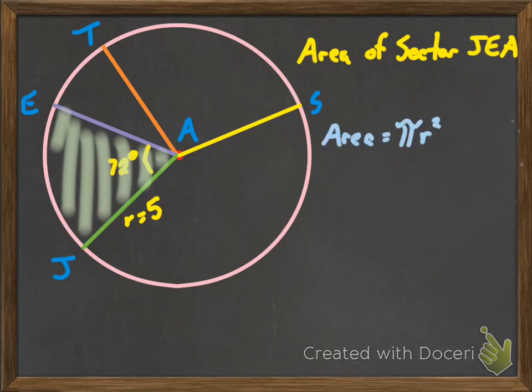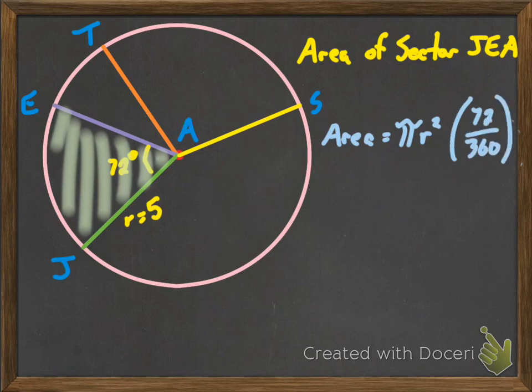Now area is pi r squared, so the area of the entire circle would be pi times 5 squared, which is 25 pi. So that's 25 times 3.1415926. But I want the area of just this shaded sector, this slice of pie.